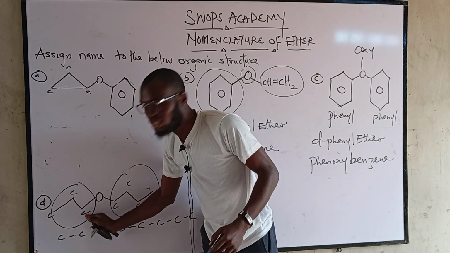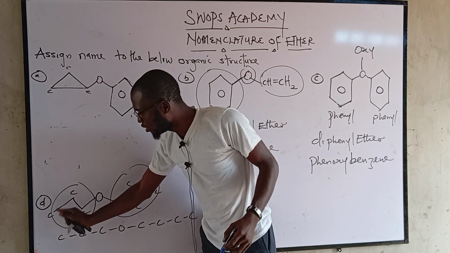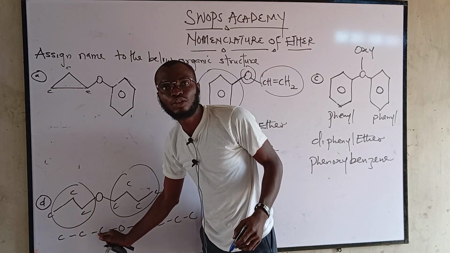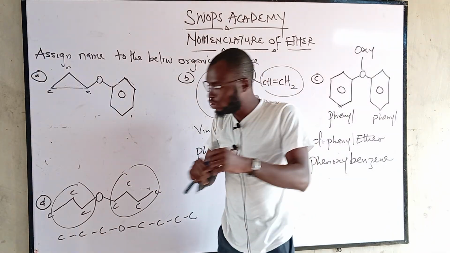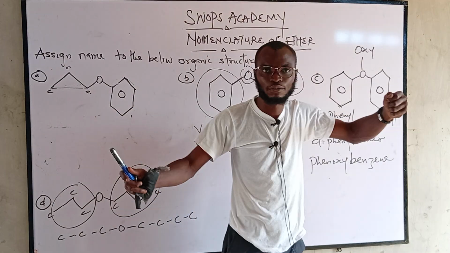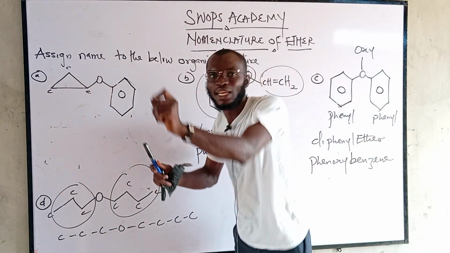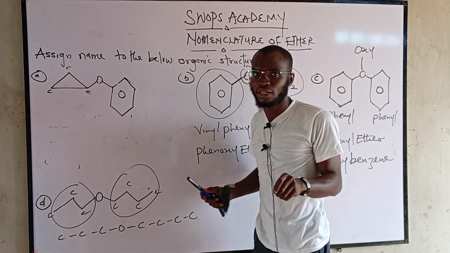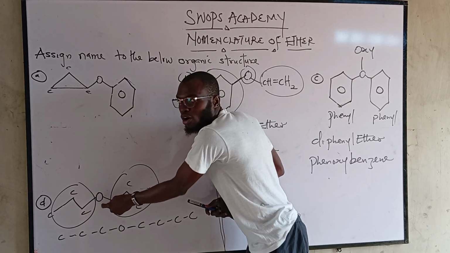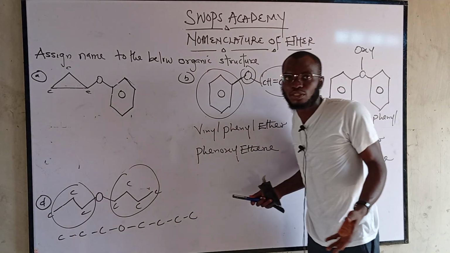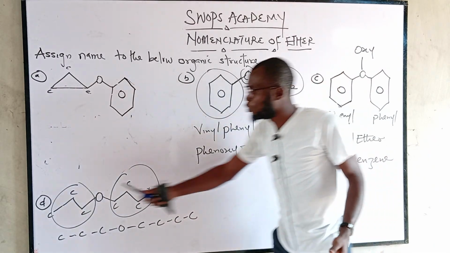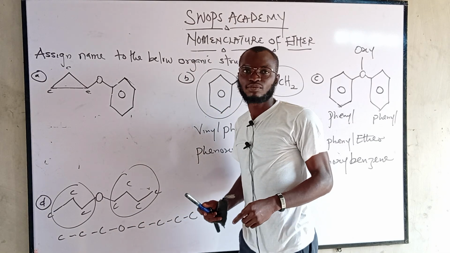So 1, 2, 3, it is prop, and what is joining them? Single bond, which is propane. But I told you that this is a substituent. You will remove one from that, which is propyl. You will now call it propyl, not propane. When propyl is attached to oxygen, when I want to do it substitutively, what would that be? It will be propoxy.